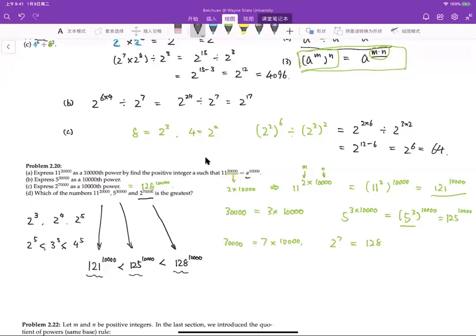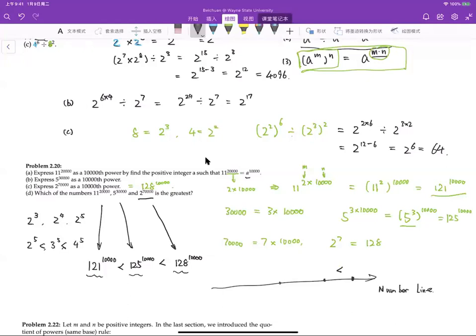Whenever you see a question to compare some numbers, the first thing is to consider the number line. If a number is to the right of another number, then definitely it's greater. But if it involves exponents or powers, you cannot mix them together.